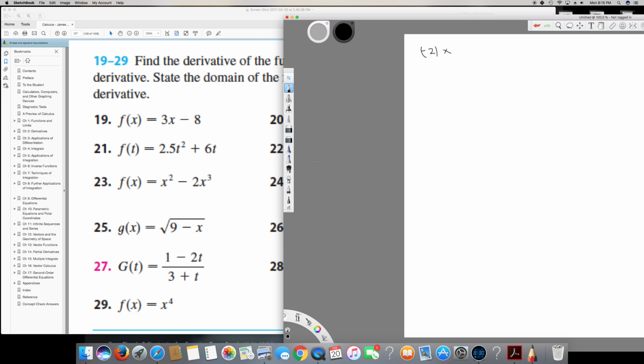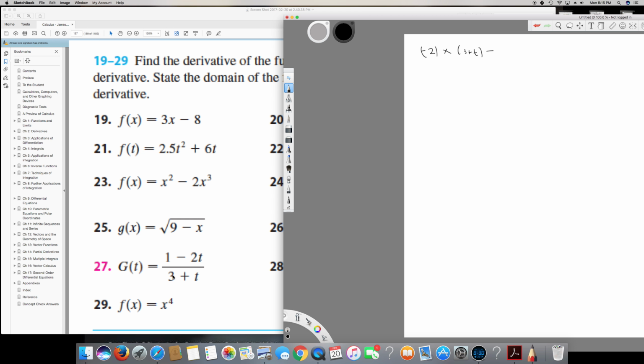Multiply by the bottom one, which is 3 plus t. Now I have to subtract the derivative of the bottom one, which is going to be 1, because t is t to the power of 1, and 1 multiplied by t to the power of 1 minus 1, which is 0, gives t to the power of 0, which is 1.